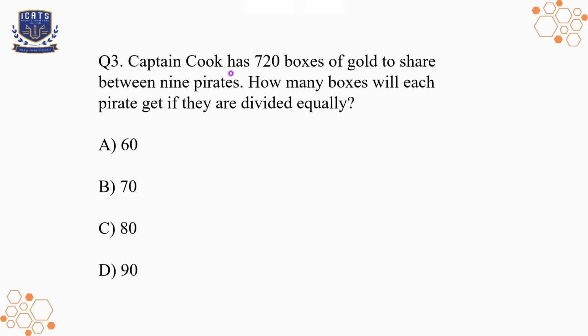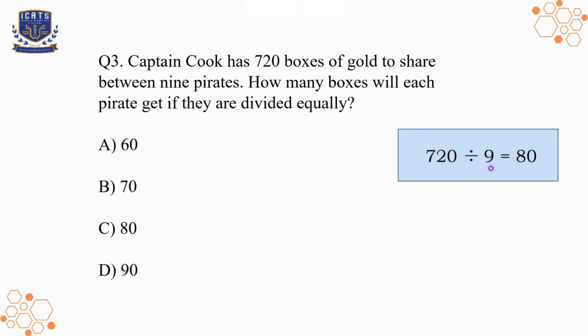Question number 3, Captain Cook has 720 boxes of gold to share between 9 pirates. How many boxes will each pirate get if they are divided equally? Option A is 60, option B is 70, option C is 80 and option D is 90. So it's a question of division, we have to divide 720 boxes of gold among 9 pirates.